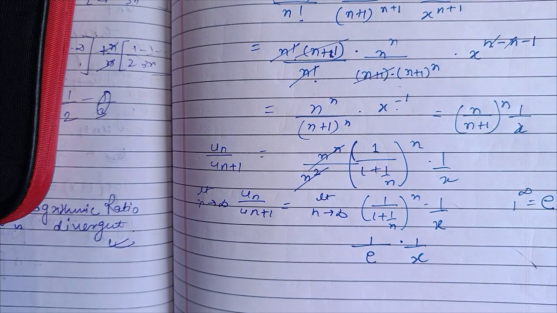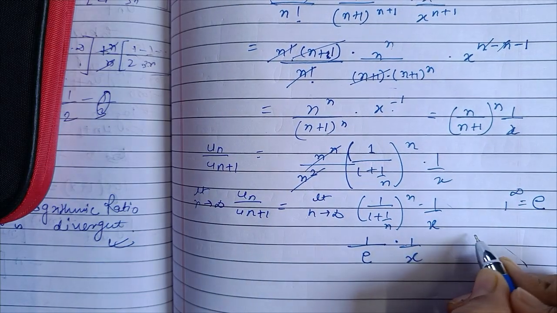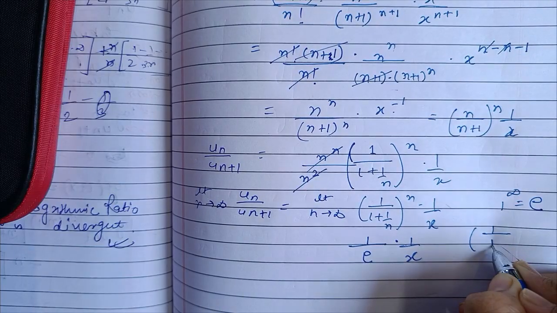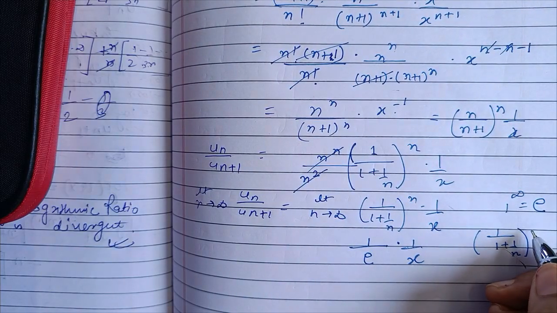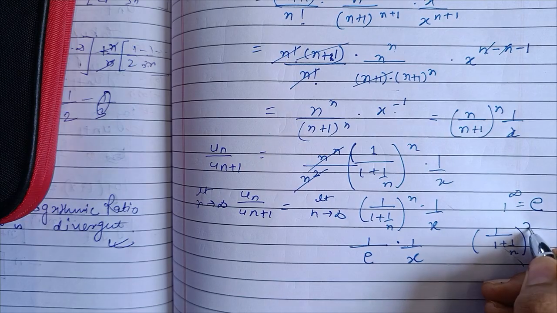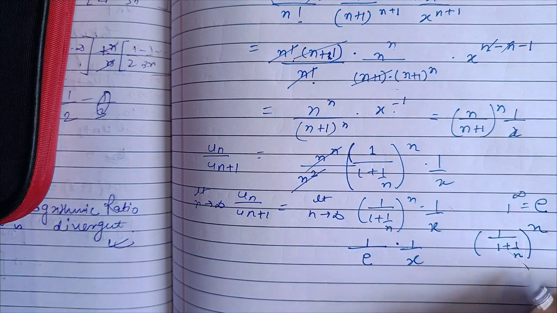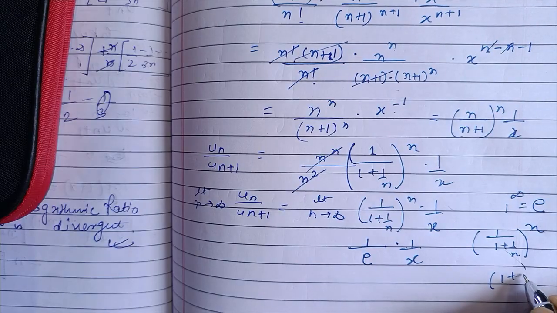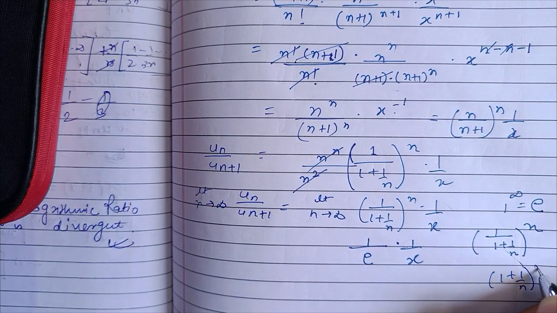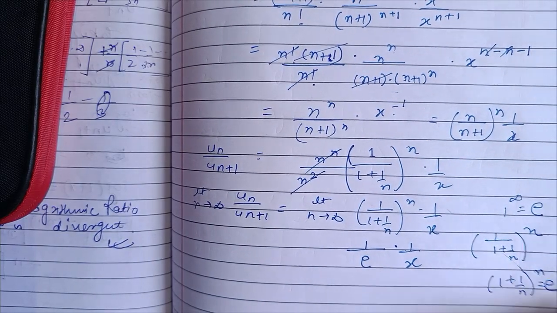Is it clear? So basically 1 upon 1 plus 1 by n to the power n, and I can write this as 1 plus 1 upon n to the power n as e.